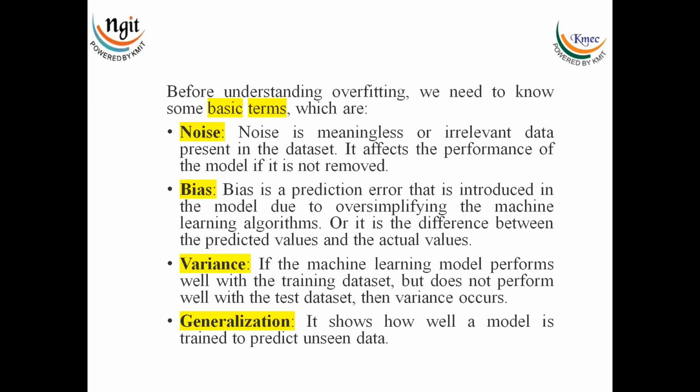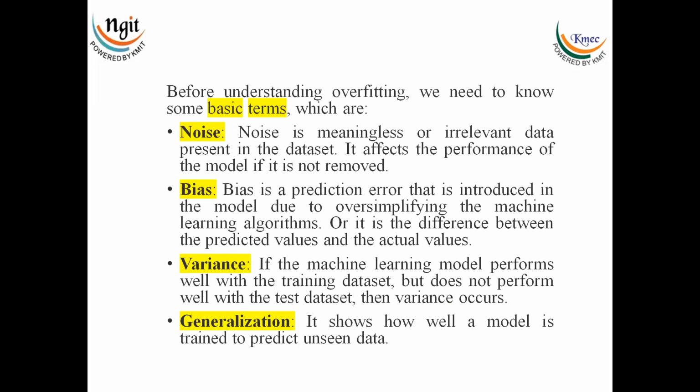Your model is saying cat as a dog, that is what? That is a difference. So this is called high bias. When your model is saying cat as a cat during training as well as testing, this is called low bias. So there is less difference between training and testing, then it is called low bias. Clear?